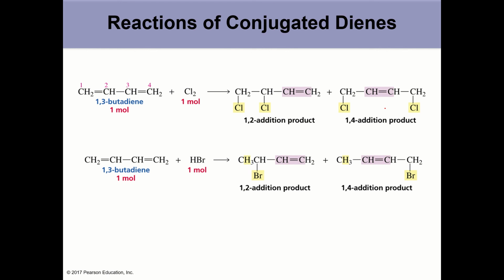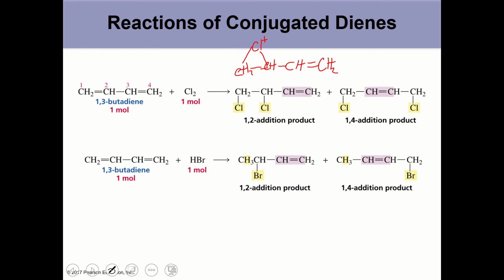If you draw the intermediate of the reaction, the halonium ion intermediate, remember, CH2, CH, CH double bond CH2. So that's our intermediate.